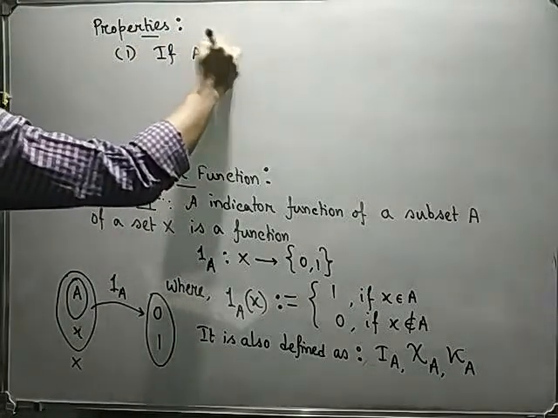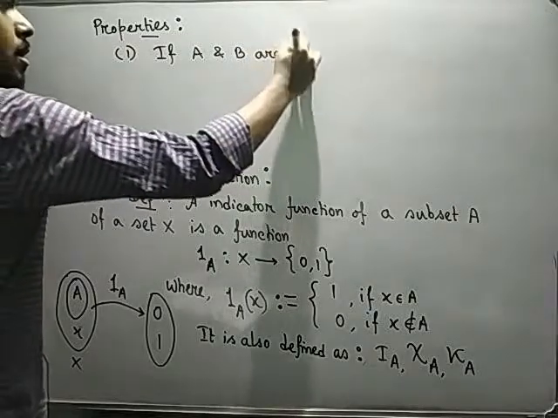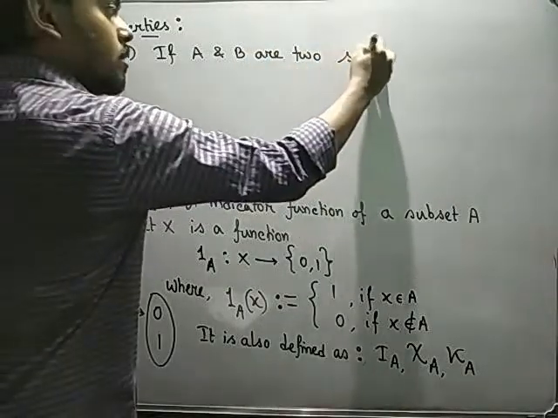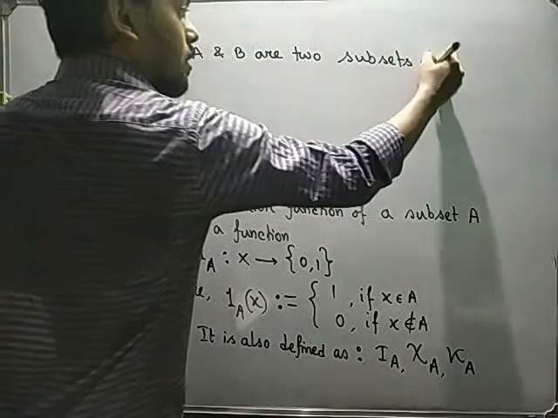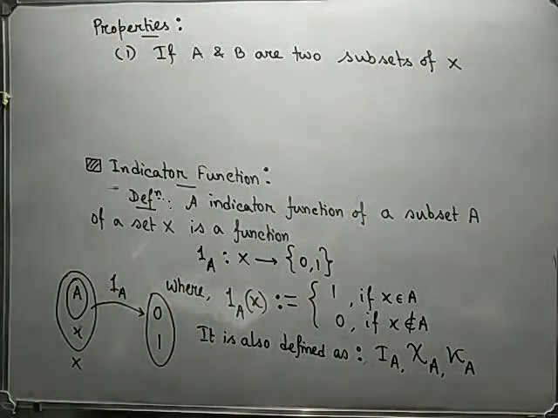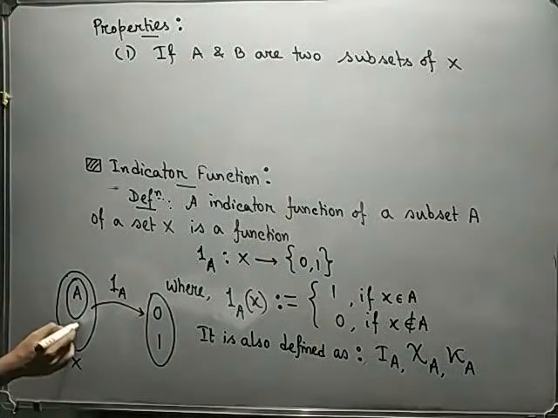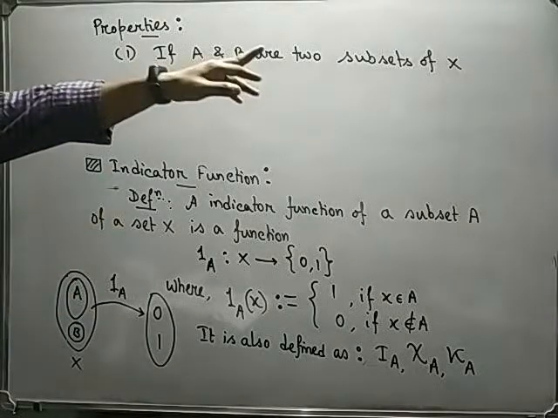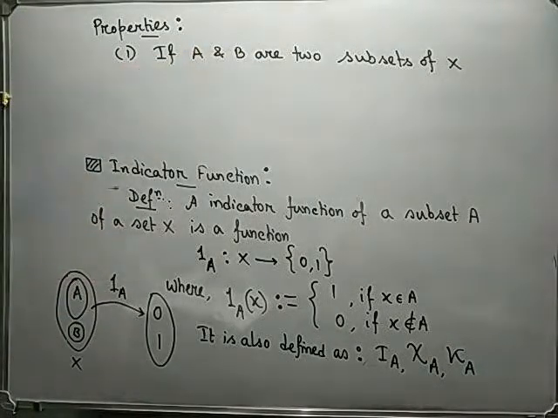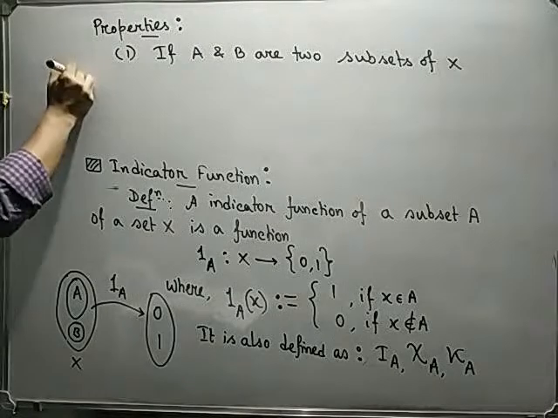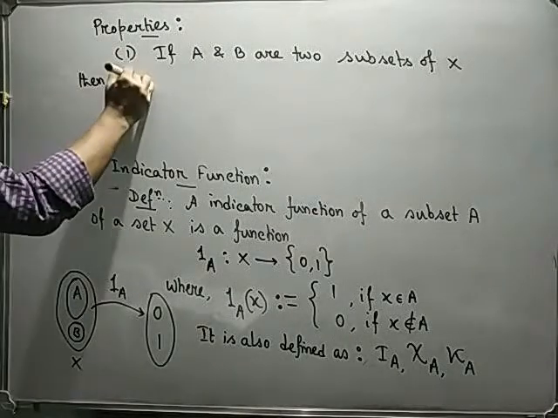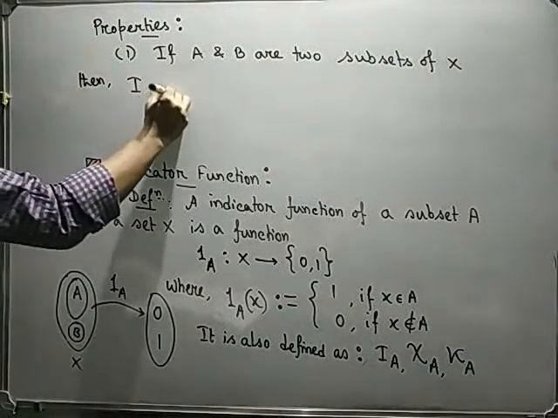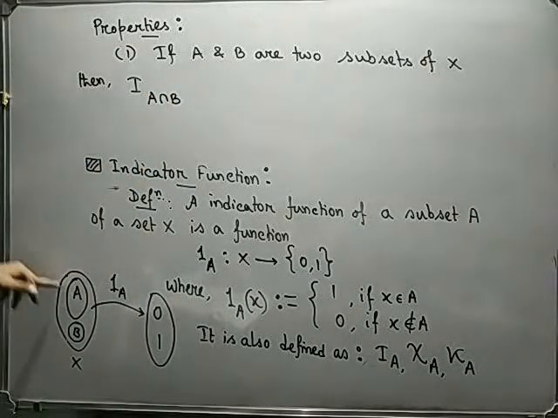if A and B are two subsets of capital X. So let's say if we have capital A and capital B, basically two subsets of capital X. So if this happens, then I of A intersection B. So in our example, we don't have an intersection part.